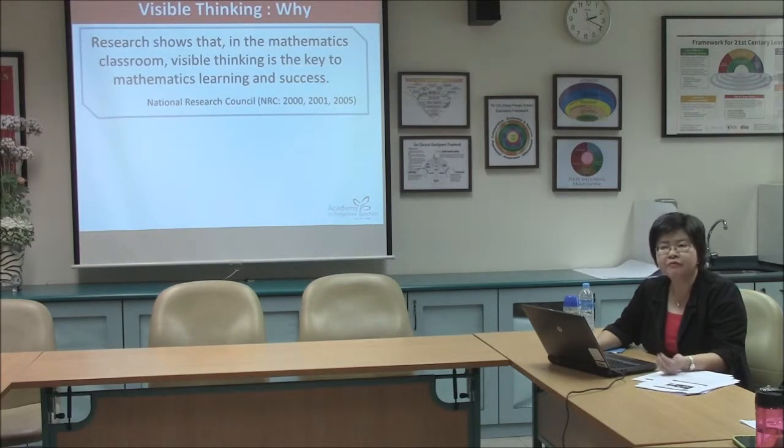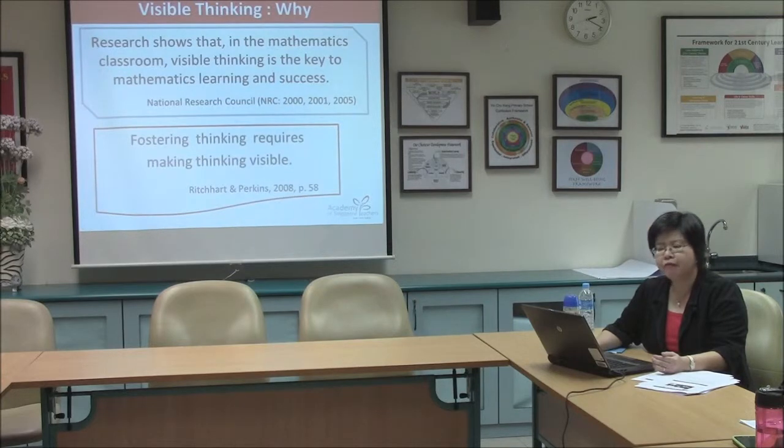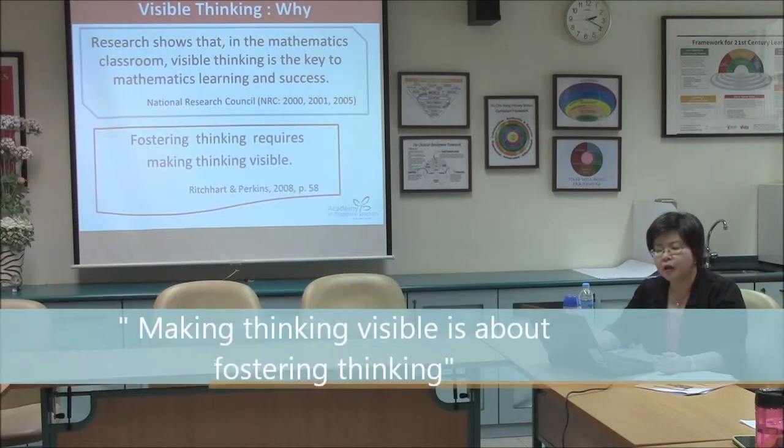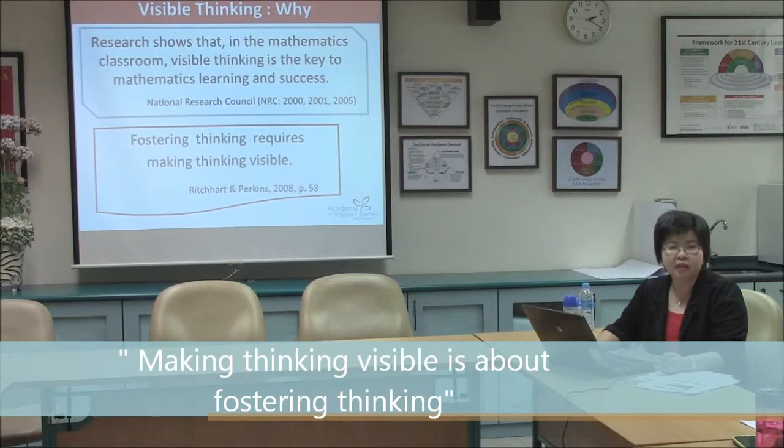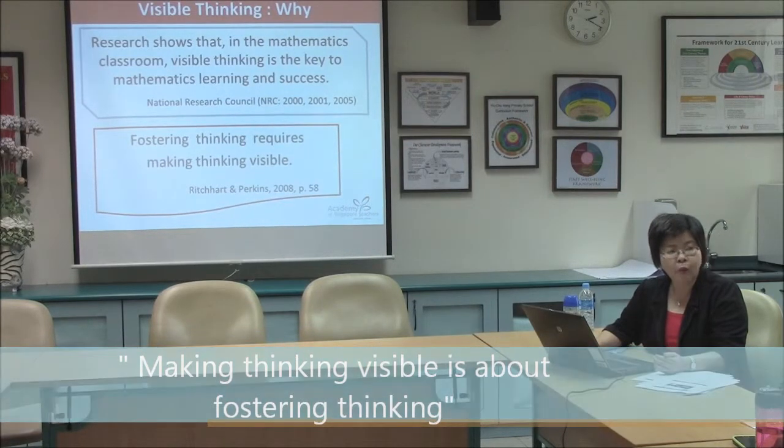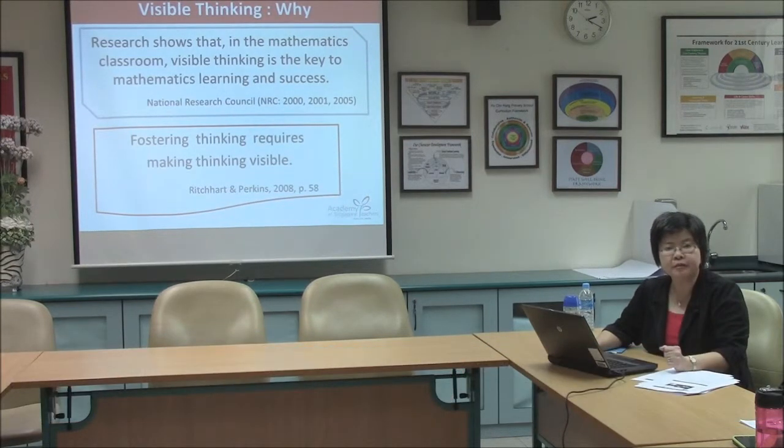With this information, we are able to know the next step we can take to address the misconception as well as to bring the learning forward. Therefore, making thinking visible is about fostering thinking. Children are aware of their thinking processes, and this awareness will help them to know what they need to do in order to learn the concept.